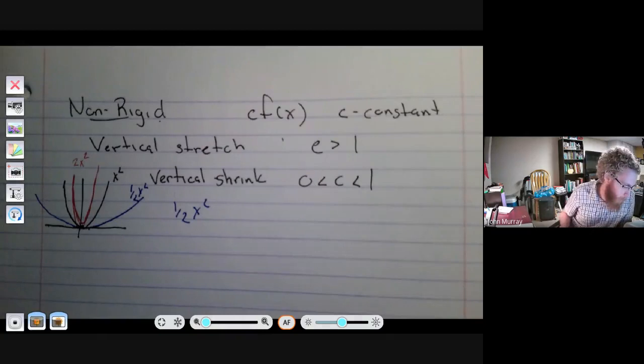Okay, any questions on that? All right, so this is the basics. I'm going to give you guys some work, and all you have to do is identify what's happening.